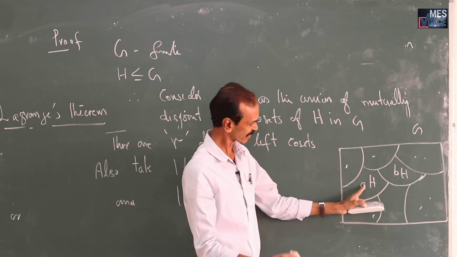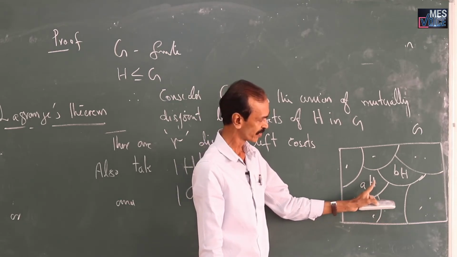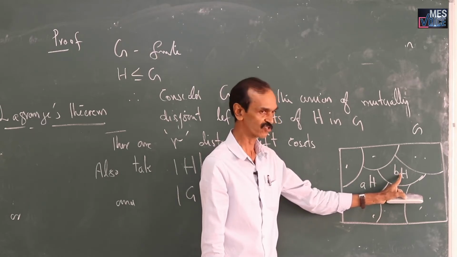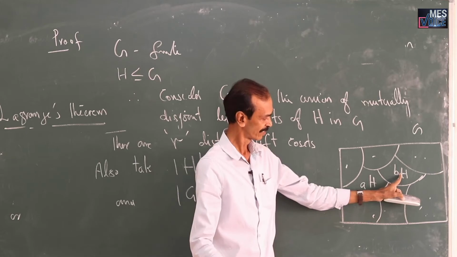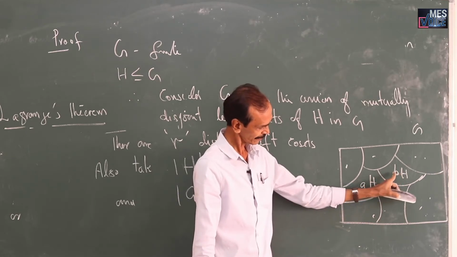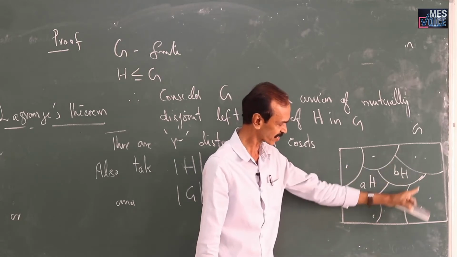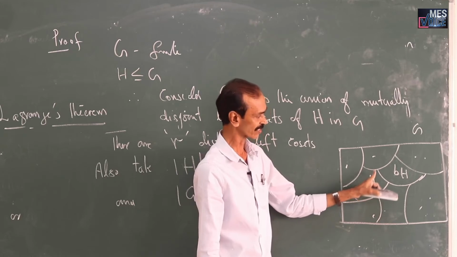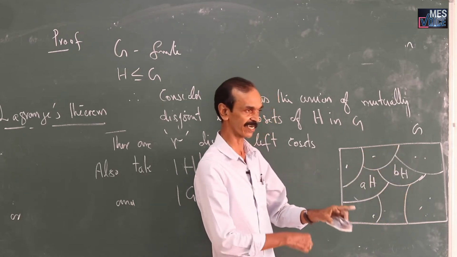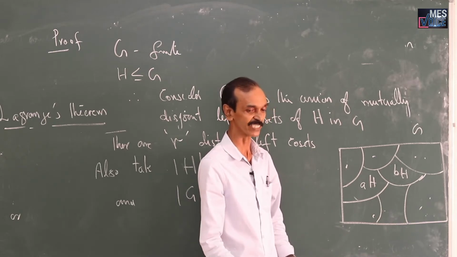We have established that the number of elements in AH is equal to the number of elements in BH. Now, here H is a typical coset which comes in this collection, so the number of elements in AH, BH, CH, etc., any coset, is equal to the number of elements in H, because H itself is a coset.